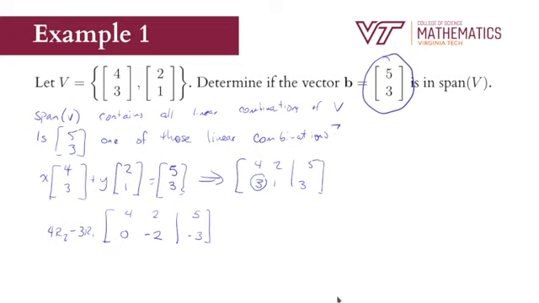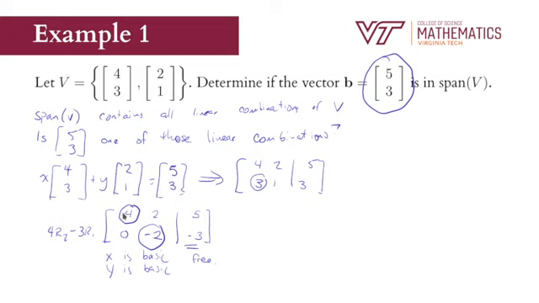Now, I've only done this one row reduction step. But what I find now is that x is basic and y is basic, and the last column is free. And this is important because what this means is that we do have a solution. We can solve the equation negative 2y equals negative 3.